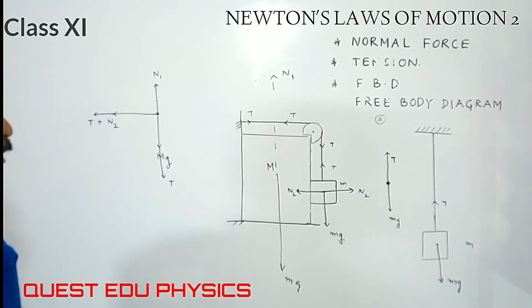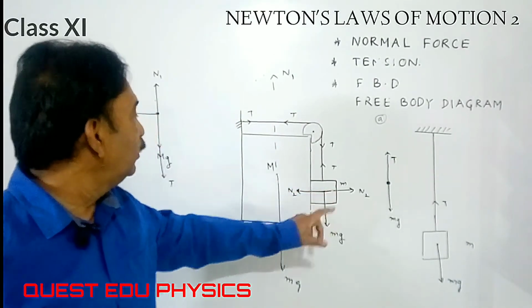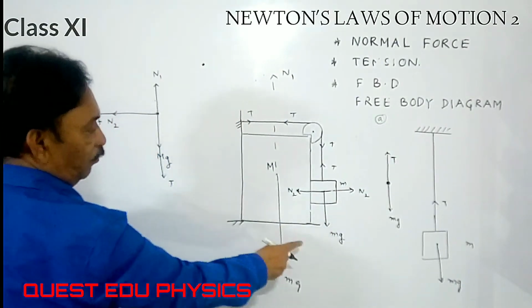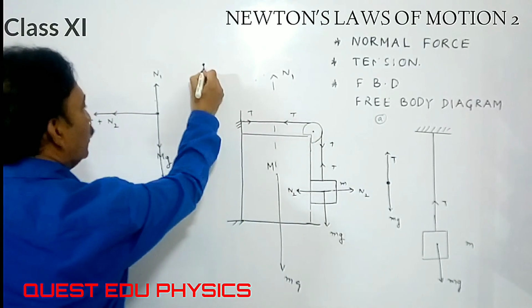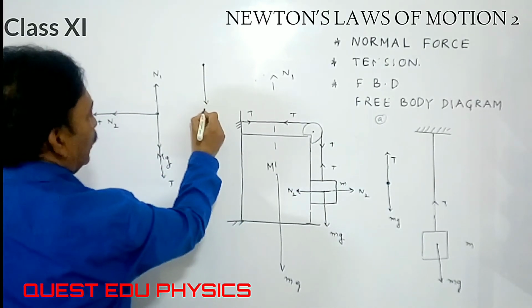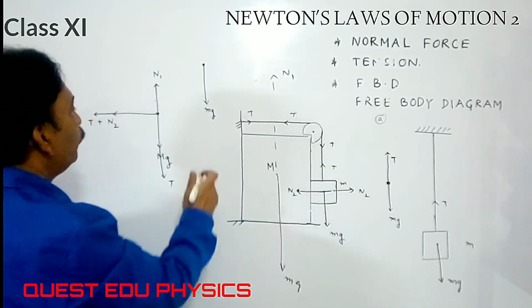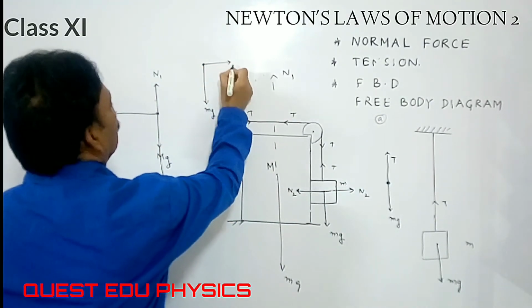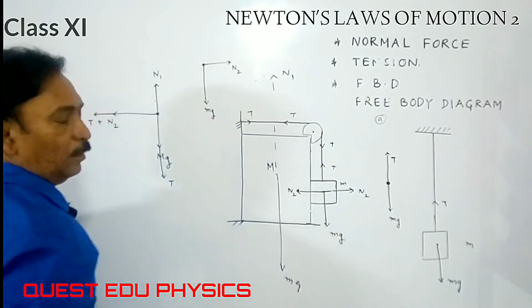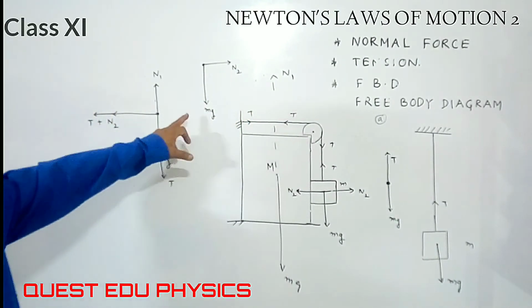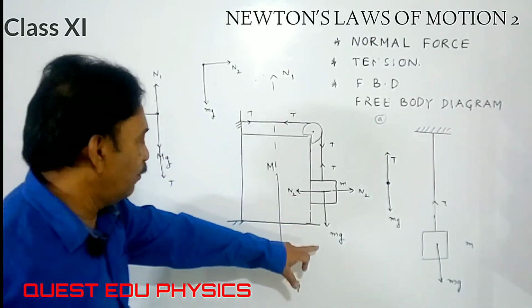Similarly, you can draw the free body diagram of this one. Consider a point mass here. Its weight is acting vertically downwards as mg, and it has a normal reaction. Say it is N2, and additional to that we have a normal reaction here.